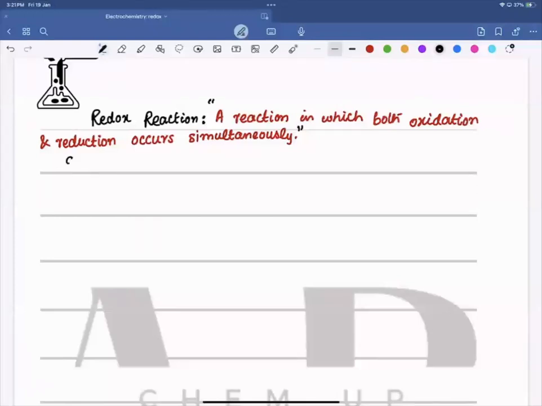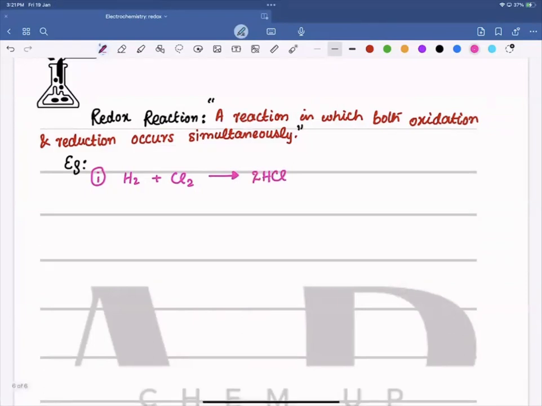Okay, let's have a look at examples. The first example is when hydrogen and chlorine both react and hydrogen chloride gas is formed.